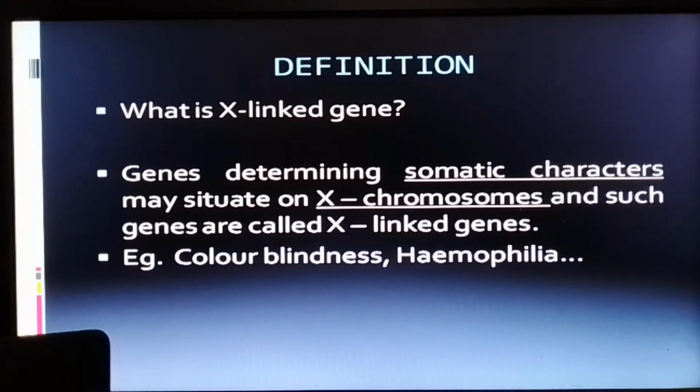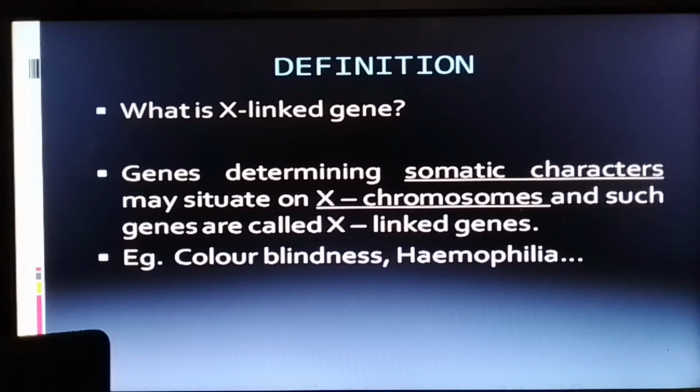The somatic chromosomes are otherwise called autosomes. They carry genes which are responsible for the development of bodily characters. And the allosomes, if it's a female, there are X chromosomes.